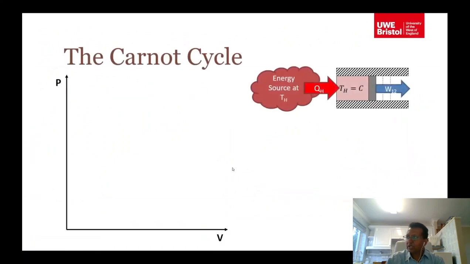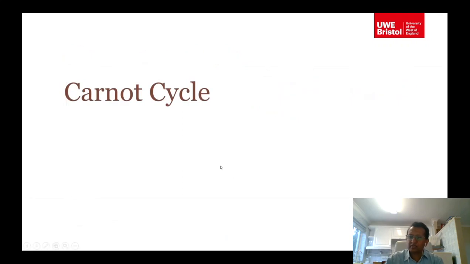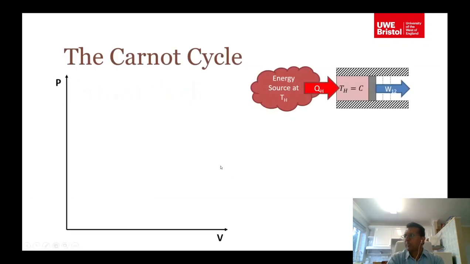Then you have what you call a Carnot cycle. The Carnot cycle is the ideal cycle, the cycle with the maximum efficiency. Suppose you have an energy source at T hot temperature.